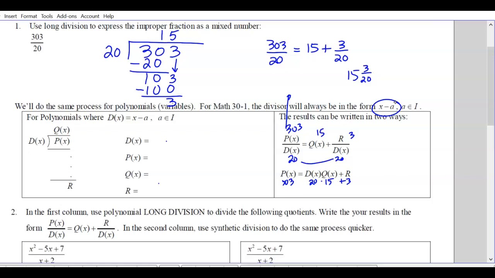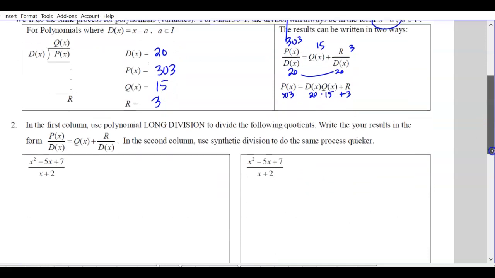You get your quotient and your remainder, okay? And then from there, you can show it in these forms. So for this particular one here, I've already labeled them, but the divisor is 20, polynomial is equivalent to 303, quotient is 15, and remainder is 3.